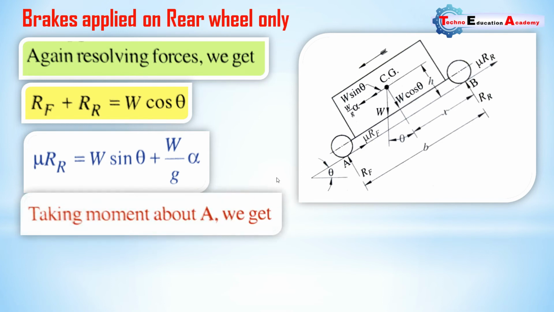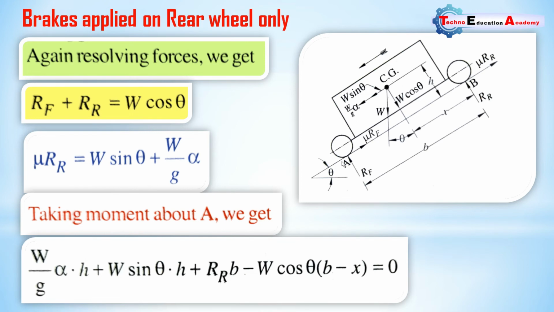Now taking the moment at point A, here we are considering all the forces which are perpendicular from point A. So taking moment at point A, RF has the same line of action, so the distance is 0. So RF into 0 we are not considering. W by g into alpha, its perpendicular distance is h, plus W sin theta into perpendicular distance h, and Rr into b.